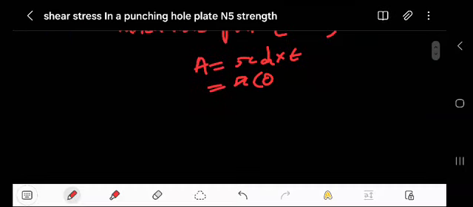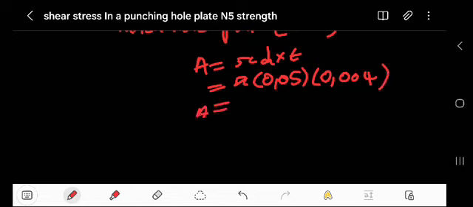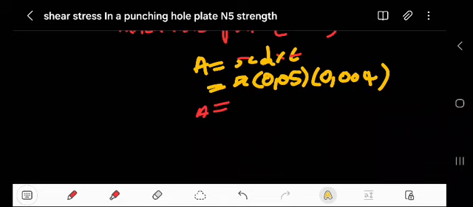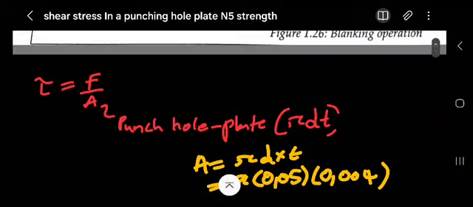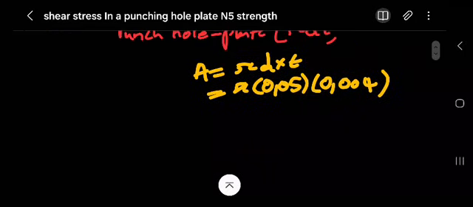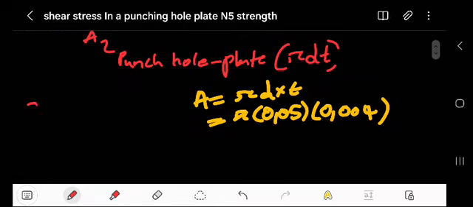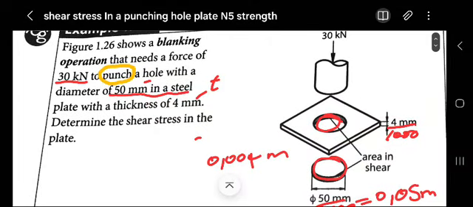Remember, here we'll have 0.05, then the thickness is 0.004. If you multiply this, you get the area, or you can use it directly, because these numbers are not that bad. It's up to you. For the shear stress, we have been given the force, which is 30 kilonewton.